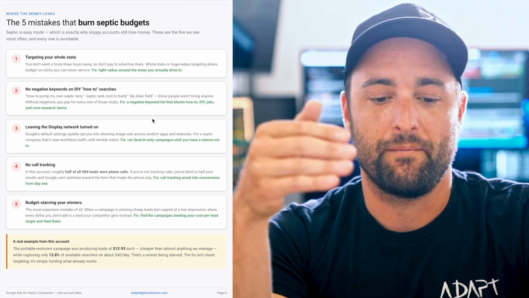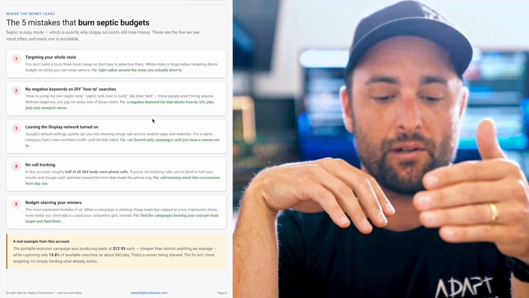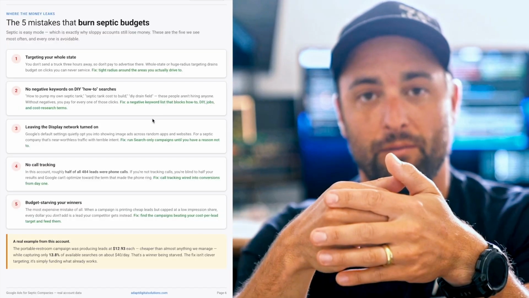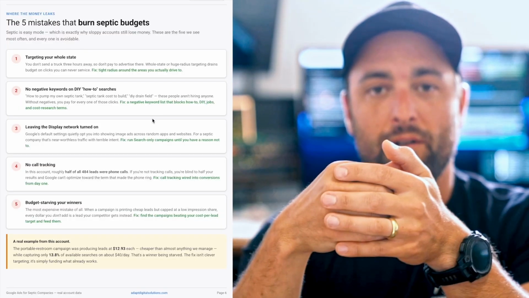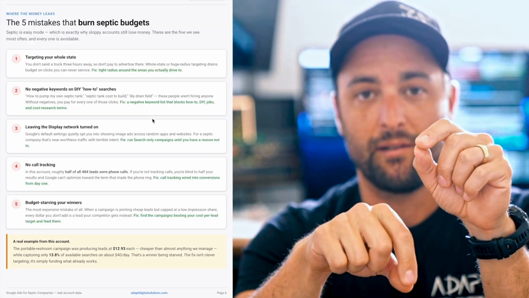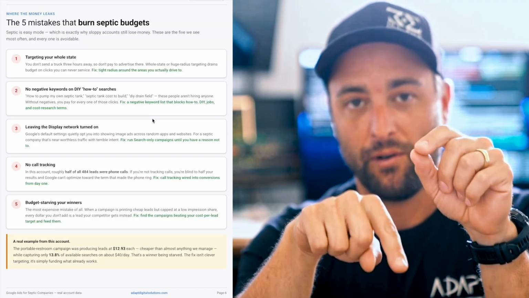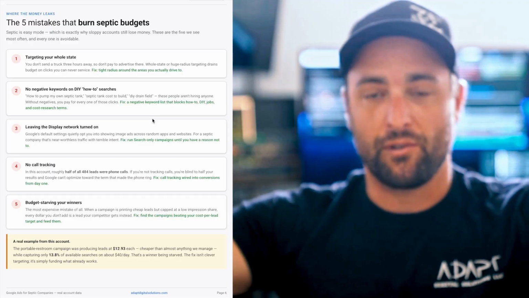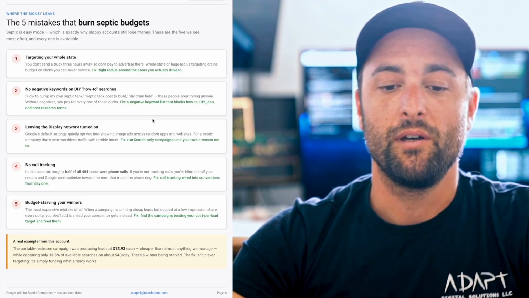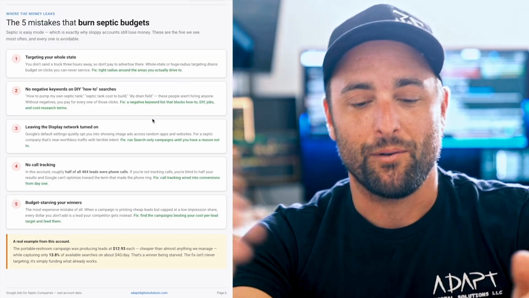But a conversion, what it is, let's say somebody clicks your ad, they go to your website, they call you. You really want that phone call to make its way back to Google Ads so that Google Ads says, oh, that's a good one. We want more of those. And Google Ads will use their $1 trillion algorithm to show your ads to more people that are more likely to call you.